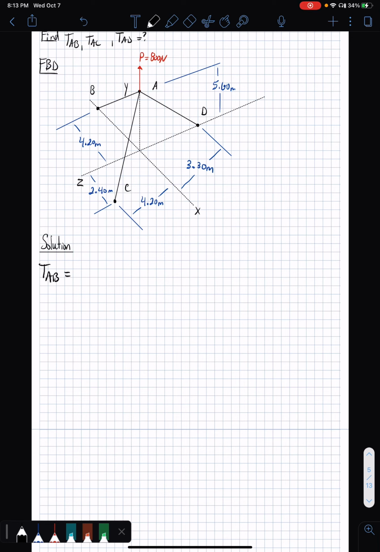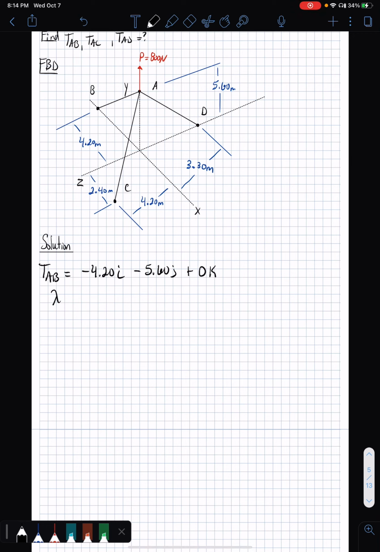So for tension AB, we're going to have a negative 4.20 in the I, a negative 5.60 in the J, plus 0 in the K. The J direction is negative because A is our point of interest, and we're going down to the tether points. Therefore, we are going from the top of A down, so it becomes negative.